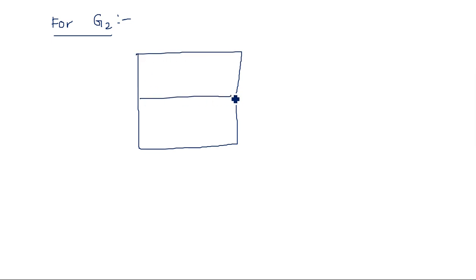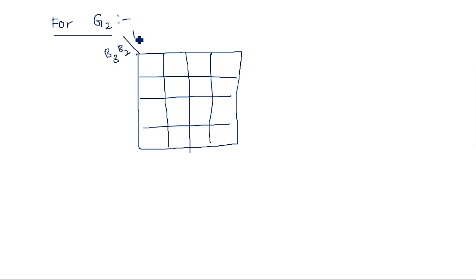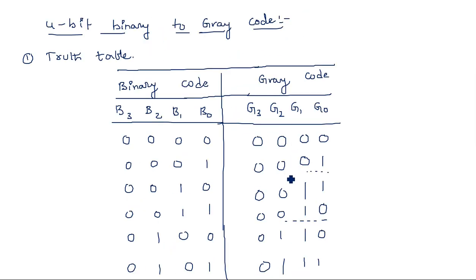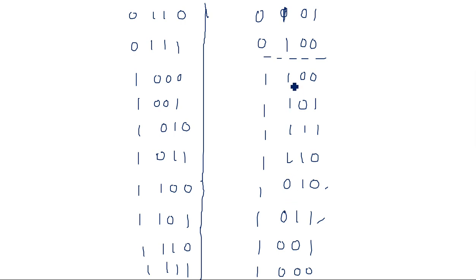Now for G2, again take a four variable K map. B3, B2, B1, B0. So check, first 4 are zeros, next 4 are ones, next 4 ones, 4 zeros.